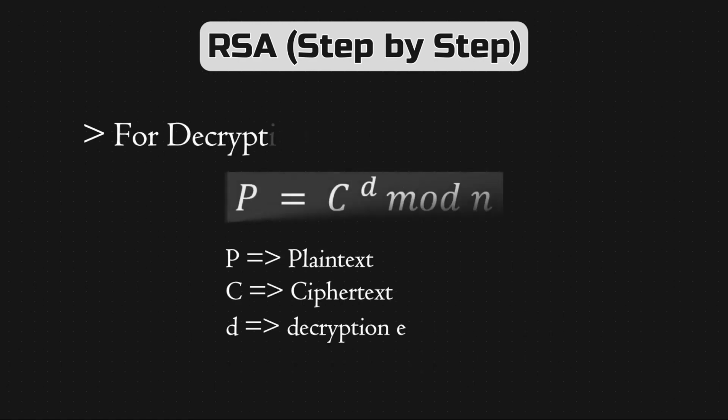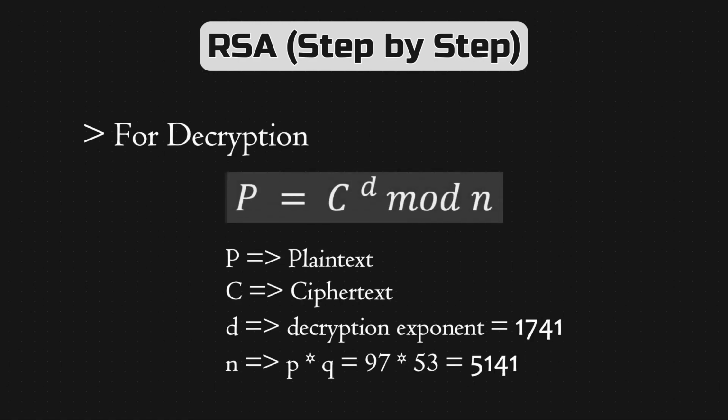In the next step, the decryption process, we have P, which is the plaintext, C is the ciphertext, D is the decryption exponent, and N is the product of the two prime numbers we initially chose.